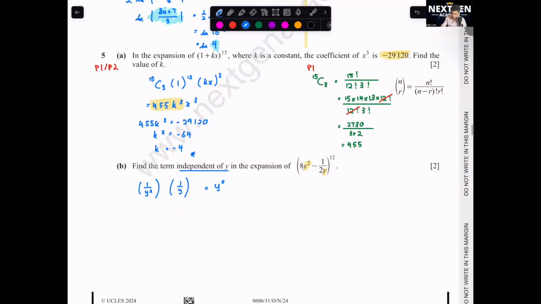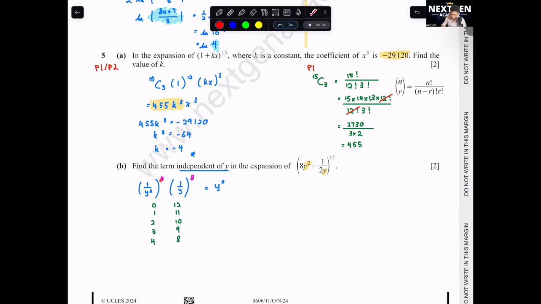It can be 0, 12, 1, 11, 2, 10. Let's try 4, 8. Is it 4, 8? So I write down what I am trying to say here first. It can be 0, 12, 1, 11, 2, 10, 3, 9, 4, 8.